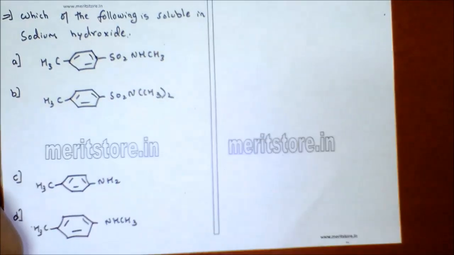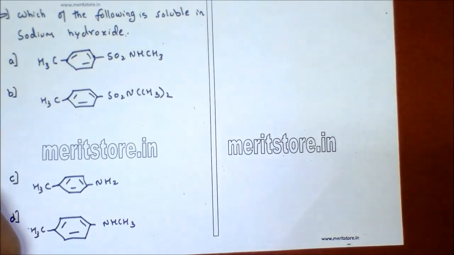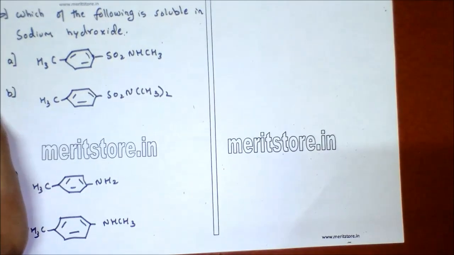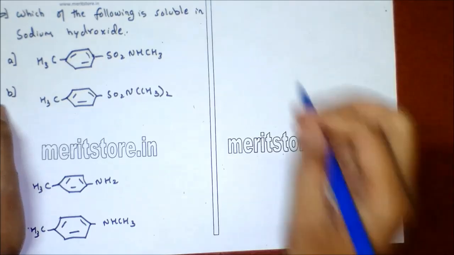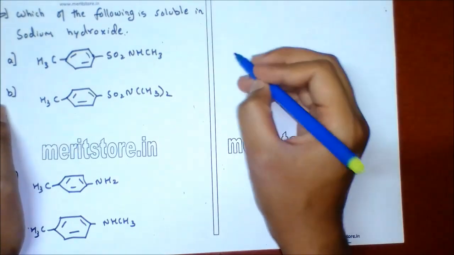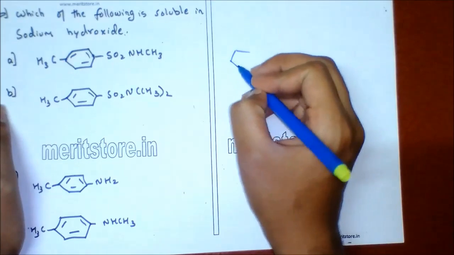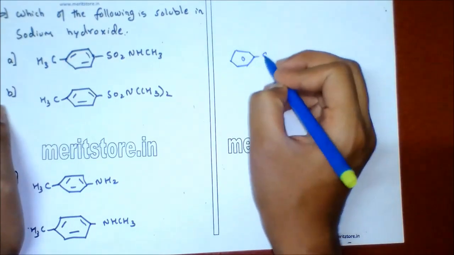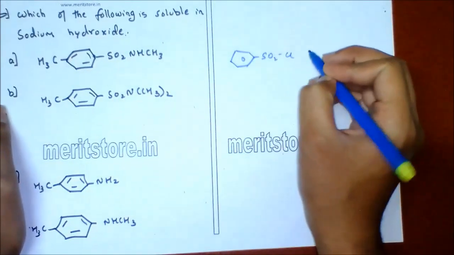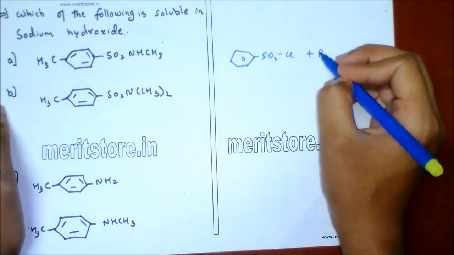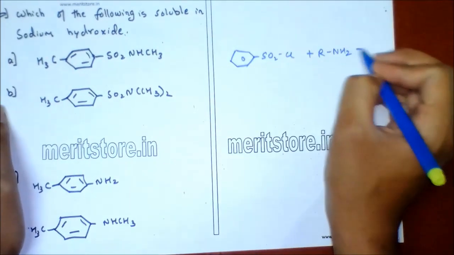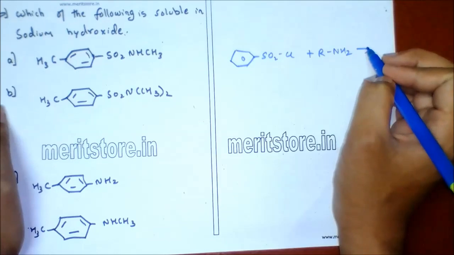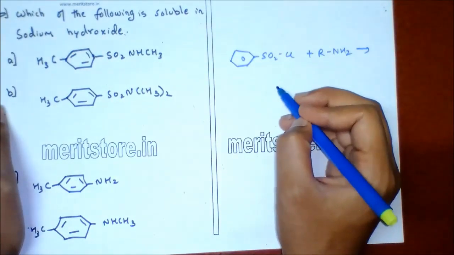Which of the following is soluble in sodium hydroxide, that is in base? It is the second step of the Hinsberg test, which is given by primary amine only. When benzene sulfonyl chloride, whose structure is C6H5SO2Cl, reacts with primary amine RNH2, it gives N-alkyl sulfonamide.